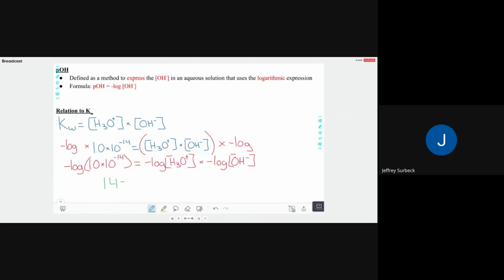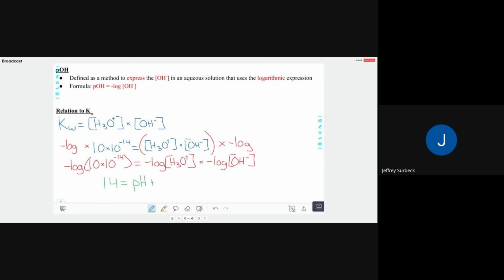Okay? This is all equal, and let's just think about this. Instead of writing negative log times H3O plus, if we look back on the previous page, negative log of the H3O plus is equal to what simple two-letter combination? Go back to the formula. What is it? pH. So we can replace negative log of H3O plus with simply pH.